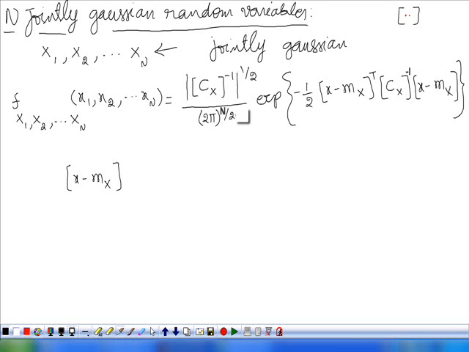It is a column matrix that is represented as x1 minus mx1, x2 minus mx2 and so on, xn minus mxn.